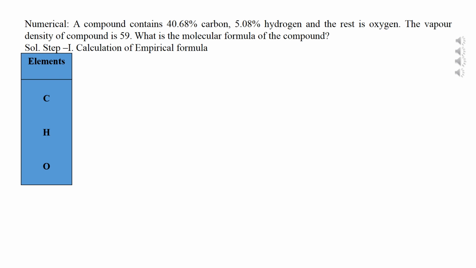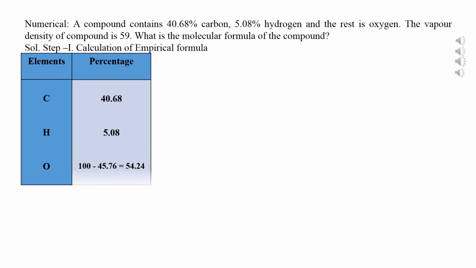Next we have to write the percentage of each element. So the percentage of carbon is 40.68, hydrogen is 5.08, and the percentage of oxygen is 100 minus the sum of the percentages of carbon and hydrogen, that is 45.76, which comes out to be 54.24.